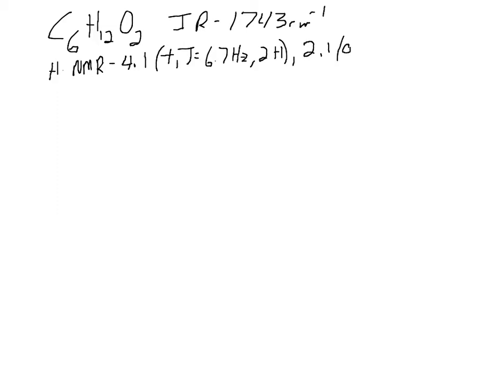That's a quartet with a J coupling constant equal to 7.6 hertz. That's worth also 2 hydrogens. And what is worth 2? So have another one at 1.7. That is, I would say, a sextet.